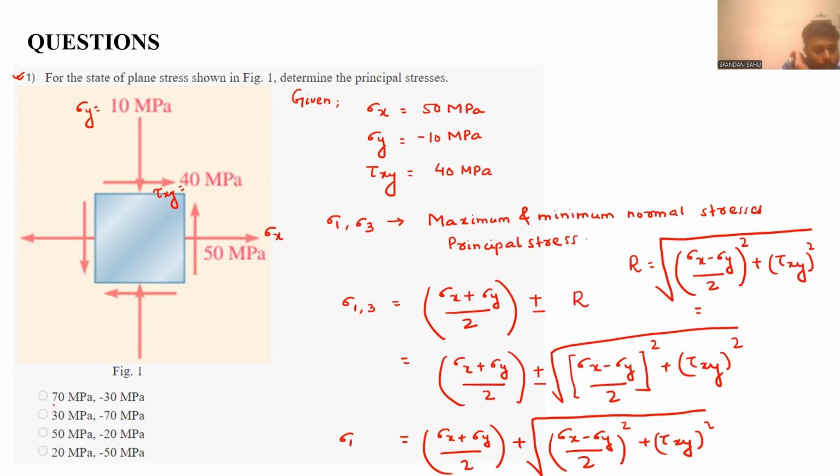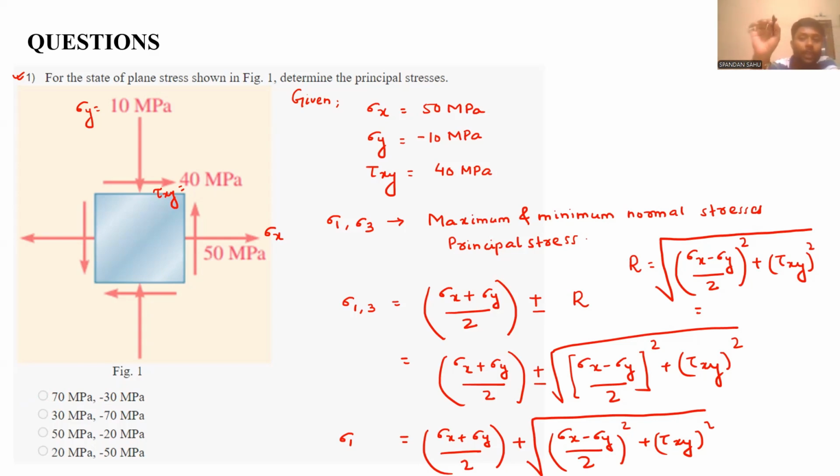So your sigma 1, that is the major principal stress, is 70 MPa, and sigma 3 came out to be minus 30 MPa. Minus 30 MPa represents what? Minus represents what? Compression. Yeah.